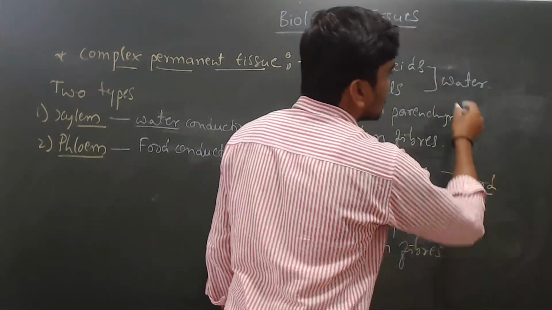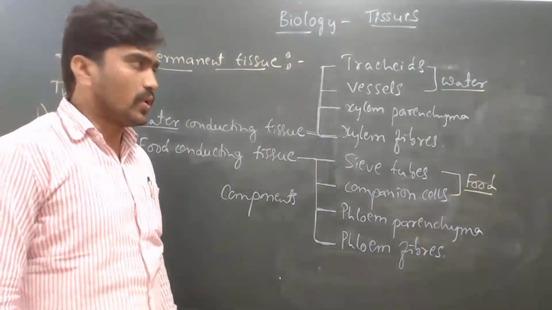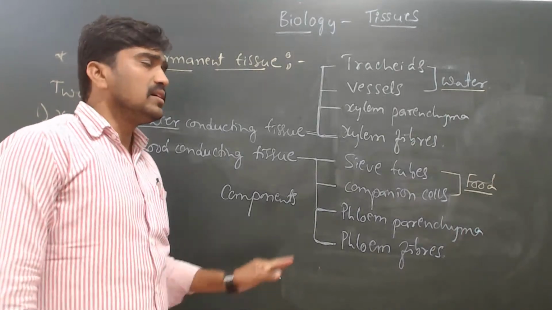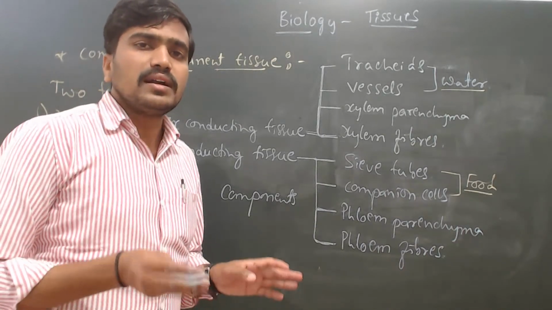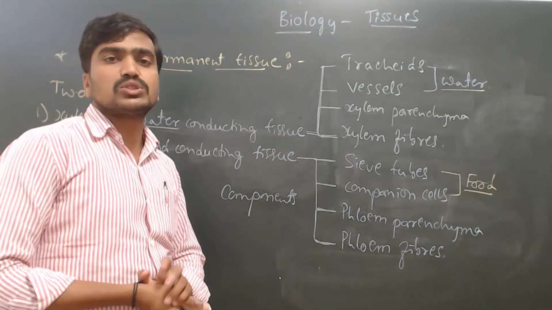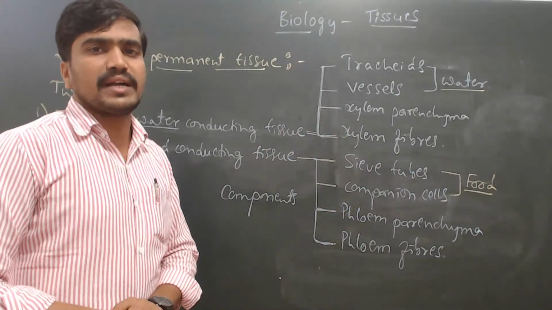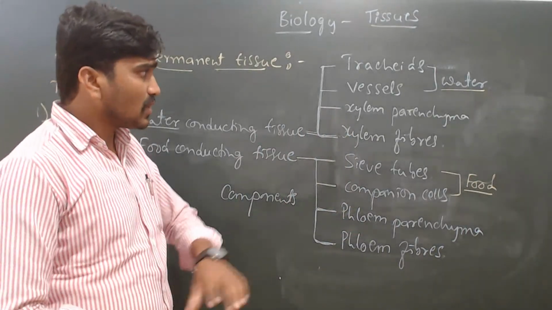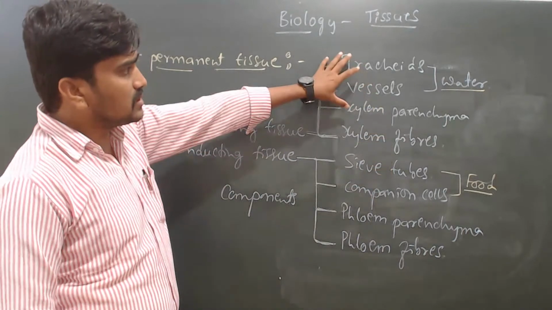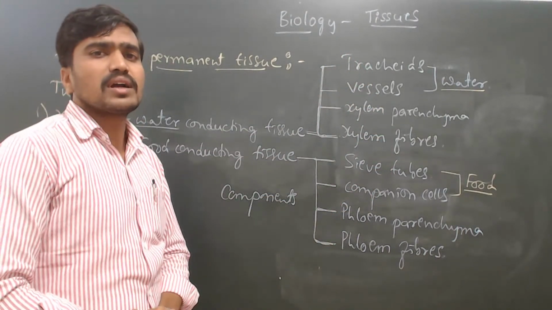These help to transport the water, and these two help to transport the food. Because of that reason, transportation in plants takes place with the help of two types of complex permanent tissue: xylem, water conducting tissue, and phloem, food conducting tissue. Now, this is about xylem components. This is about phloem components.